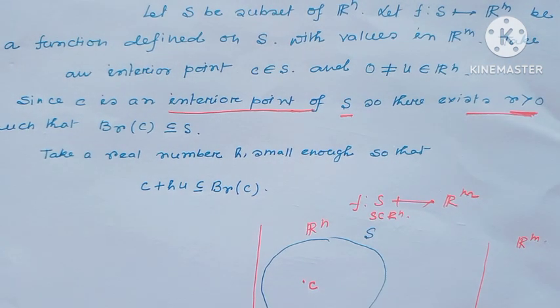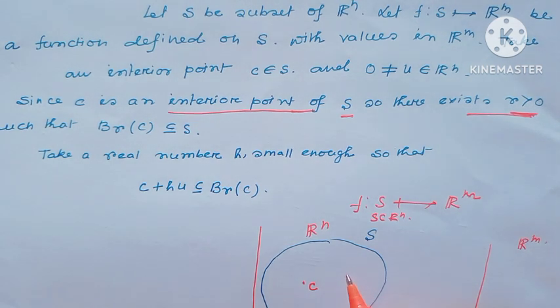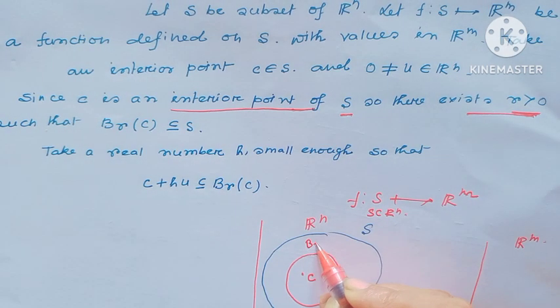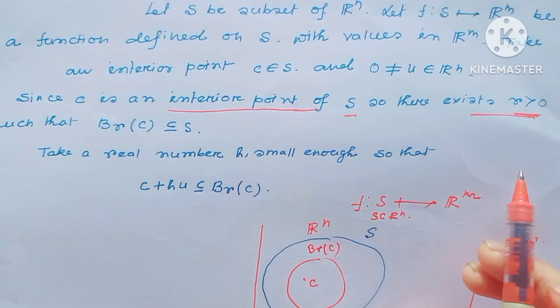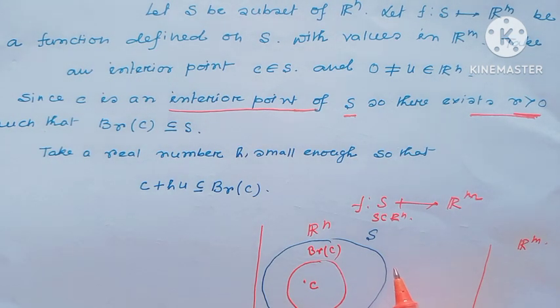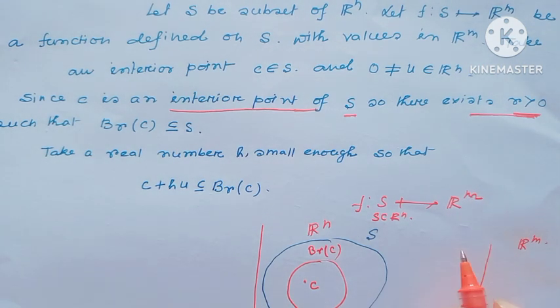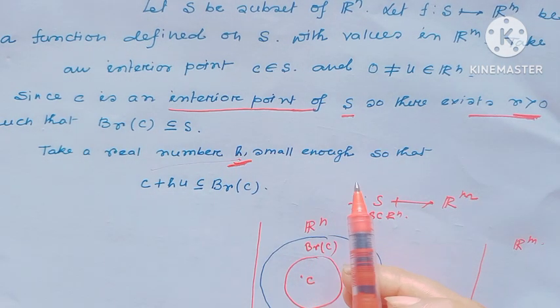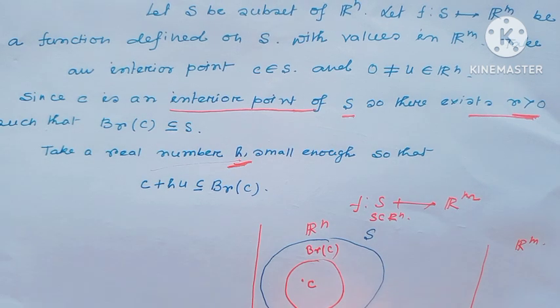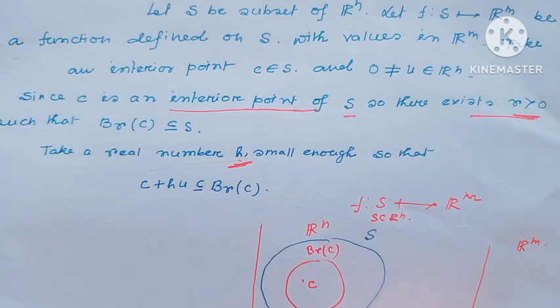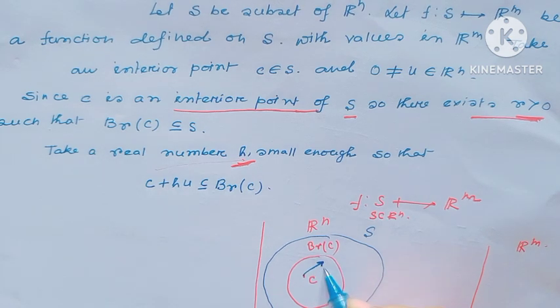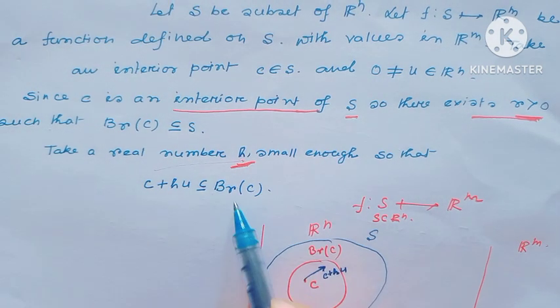Consider c as an interior point in the subset S. Since c is an interior point, there exists a ball B_r(c) which is contained in S. Consider h, a real number small enough so that c plus h u obviously belongs to this ball.